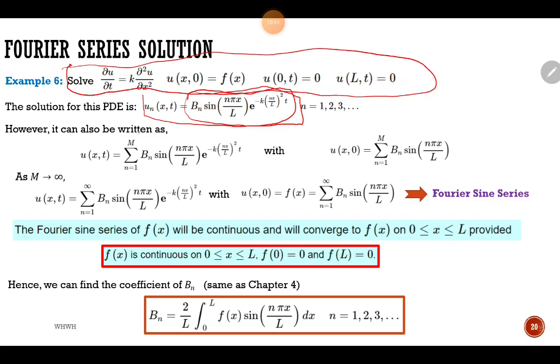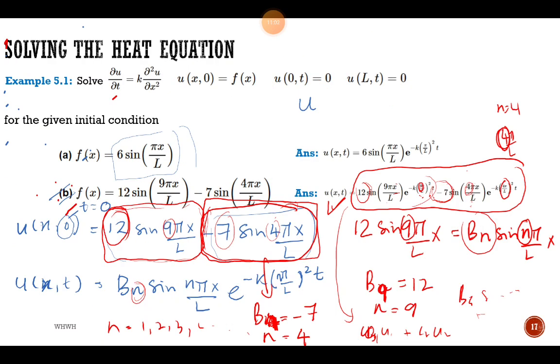However, we can write our solution in the form of a summation like this. Why? Because from the example just now, we know the solution can be more than one solution. It will be like this, it has two, but there is a possibility it becomes 3, 4 and so on.